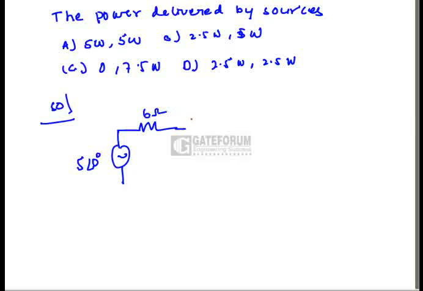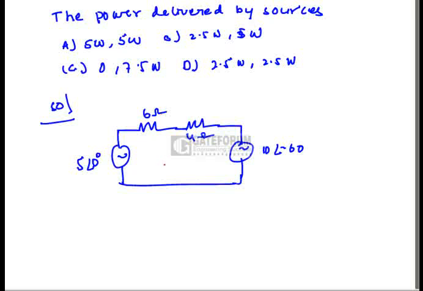Now I am shifting the 16 ohms to this side. This is 16 divided by 4, where 4 is k squared, since k is 2. So 16 divided by 4 is 4 ohms, and the source voltage is divided by 2, that means 10 at an angle minus 60 degrees. So this is the equivalent circuit.